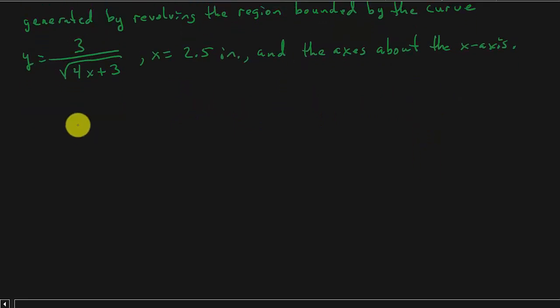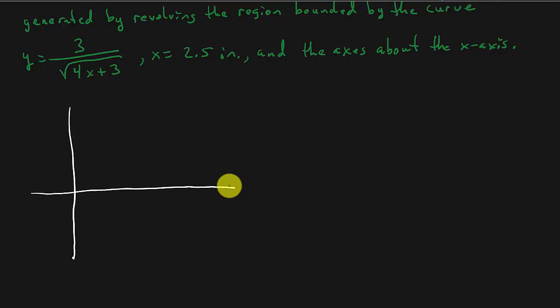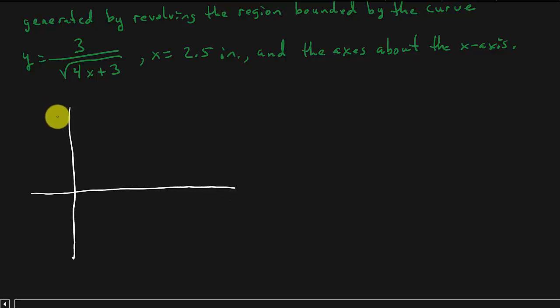So basically, if you remember what we did in the video on disk and shell method, that's what that is. If I graph this thing, it's going to look something like this, and we're going to revolve it about this axis. Now, how do I know what this graph looks like?